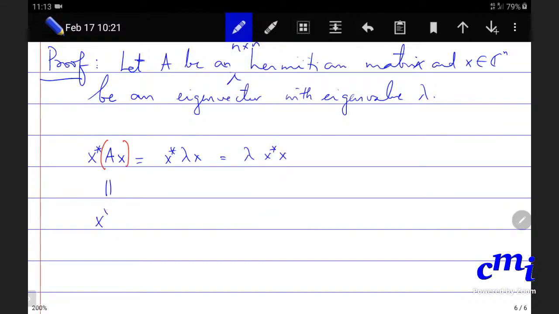As x star A times x. So x star A is just (A star x) star, times x. Inside the brackets I'm just rewriting it like this. But A is Hermitian, so this is just (A x) star x. This is where A being Hermitian is used.